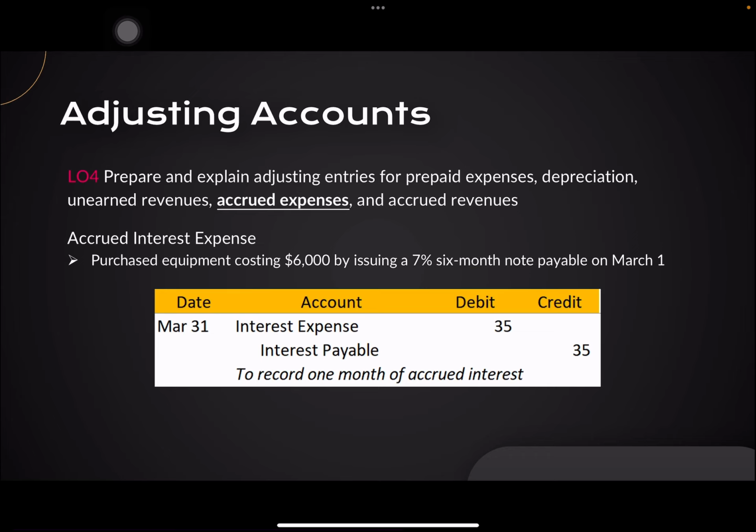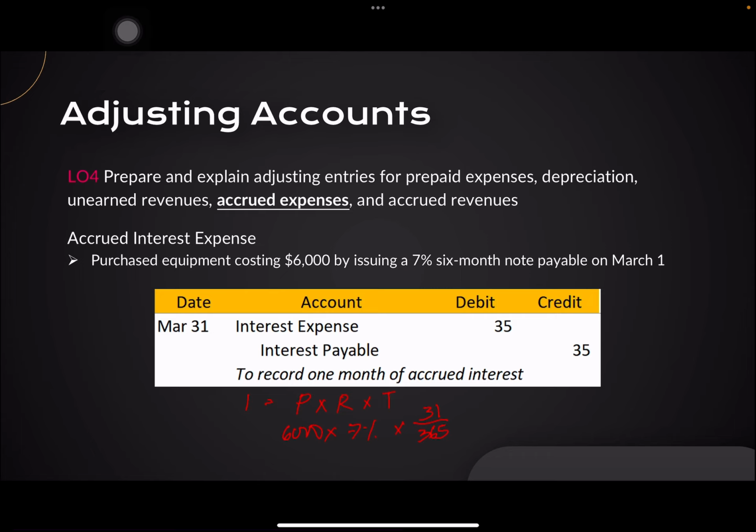To refresh your memory, we obtained $35 by this formula: principal times rate times time. Principal was $6,000, rate was 7%, time was 31 days for the entire month of March, all over 365 days, which signifies 1 year.